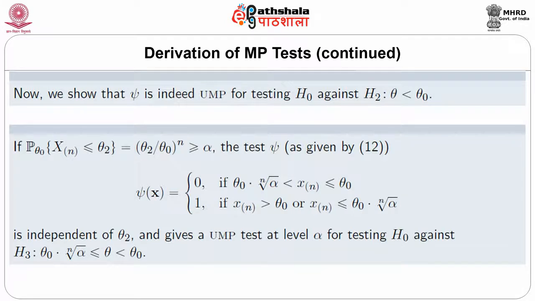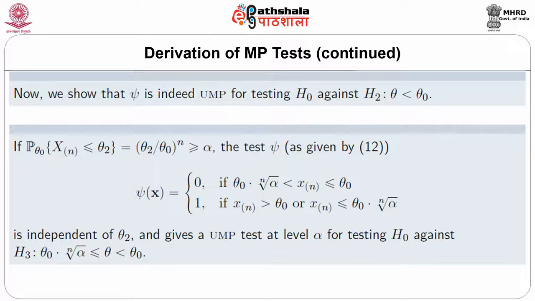Now, we show that psi is indeed uniformly most powerful for testing H naught against H 2, theta less than theta naught. In the last slide we saw that if theta 2 is greater than theta naught alpha to the power 1 by n, then phi star, which is most powerful for testing theta = theta naught against theta = theta 2, is free from theta 2.